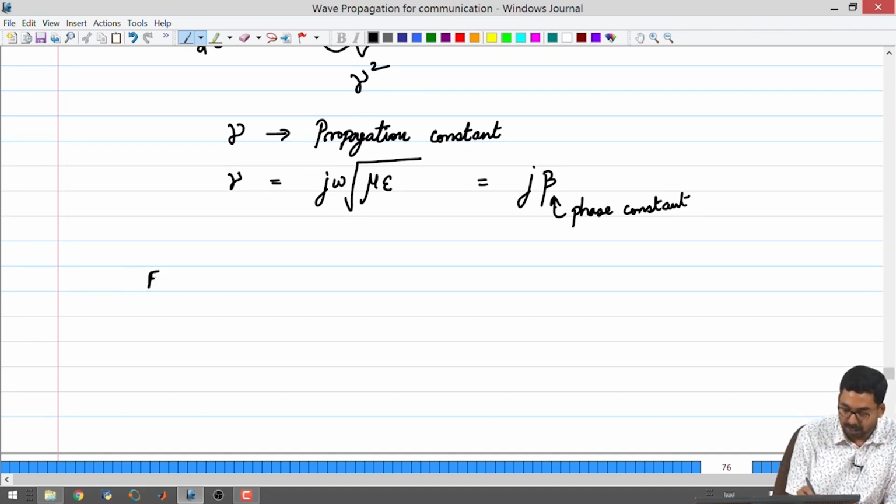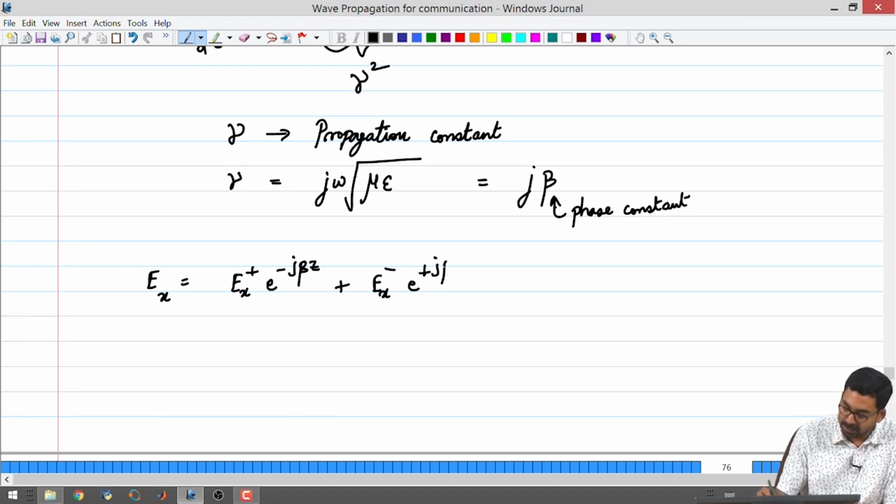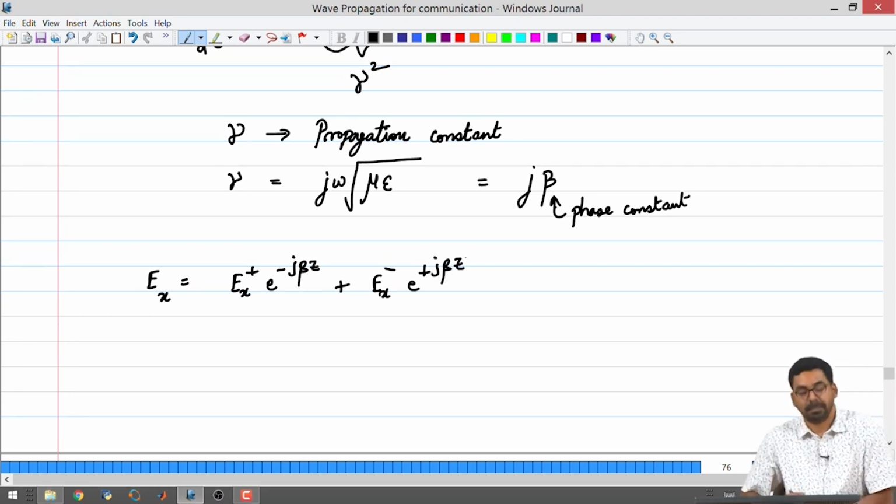Now, looking at our previous notes, we can just write this to be Ex plus e to the minus j beta z plus Ex minus e to the plus j beta z. This is with respect to space.